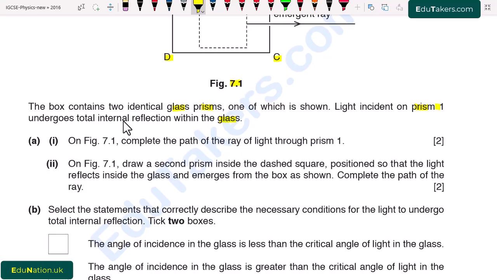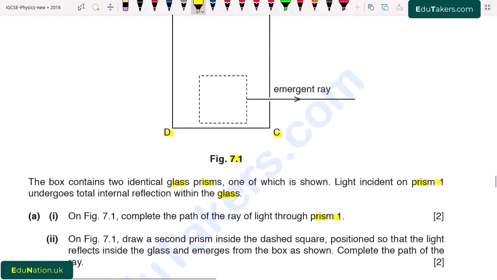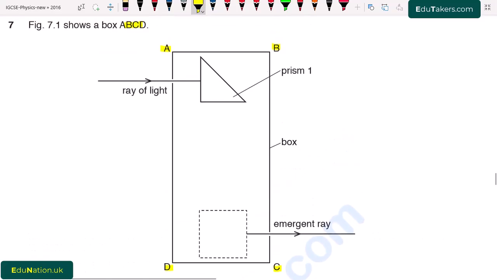Part A. First, on figure 7.1, complete the path of the ray of light through the prism 1. So here we have to complete the path of the ray that enters through the prism 1. Going back to the figure, we can see here that the ray of light is incident on the glass prism 1 and there will be total internal reflection.